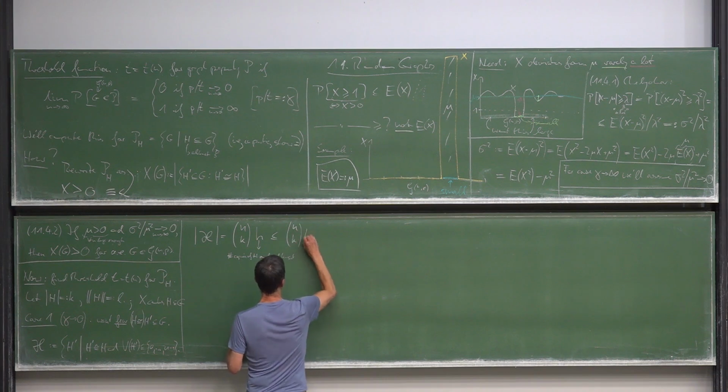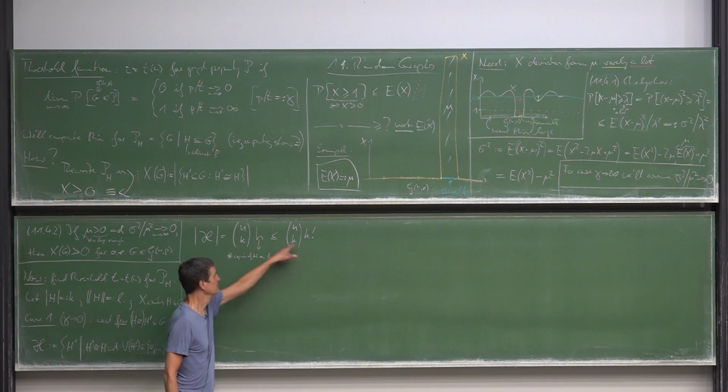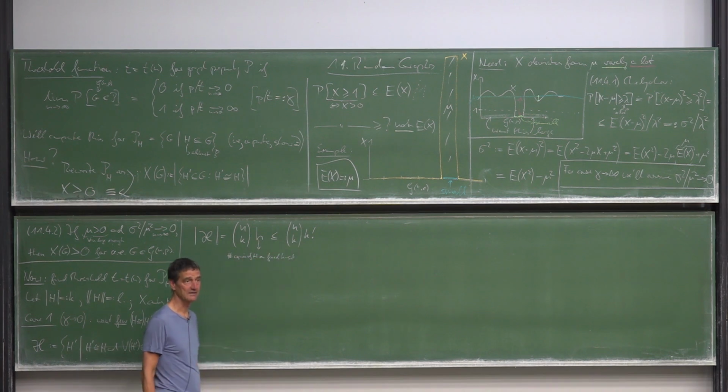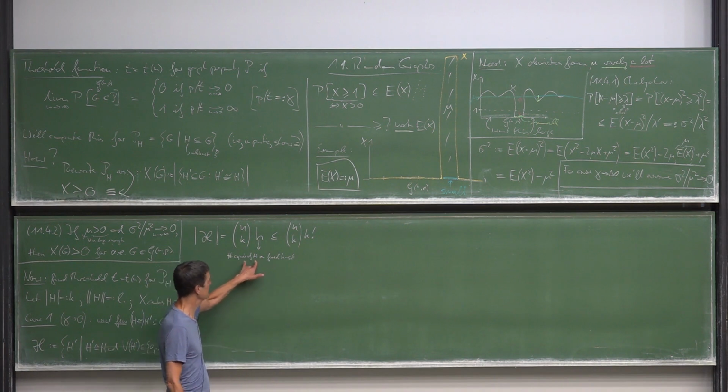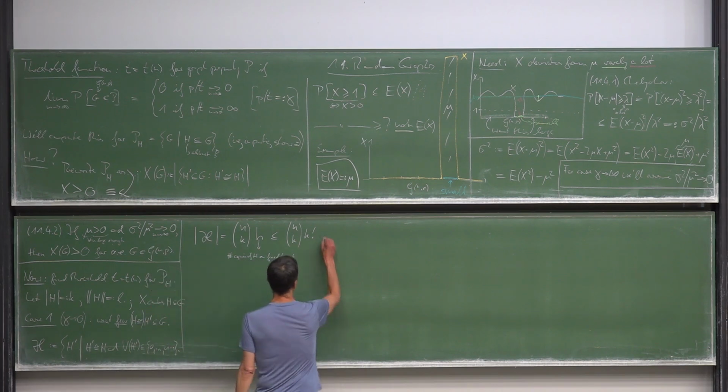this is going to be at most k factorial. K factorial is sort of the various ways one can pick k vertices. So it's an upper bound for the number of H's on a particular k-set. Right, and what's that?